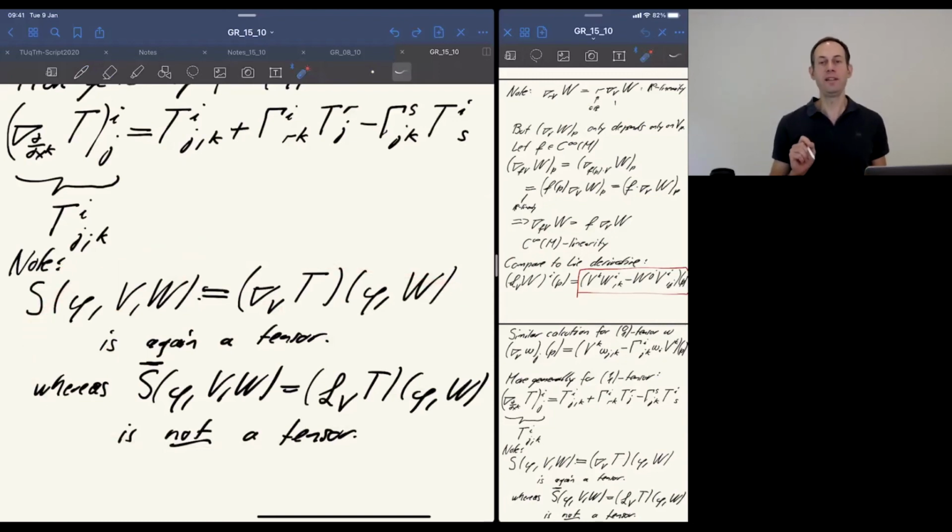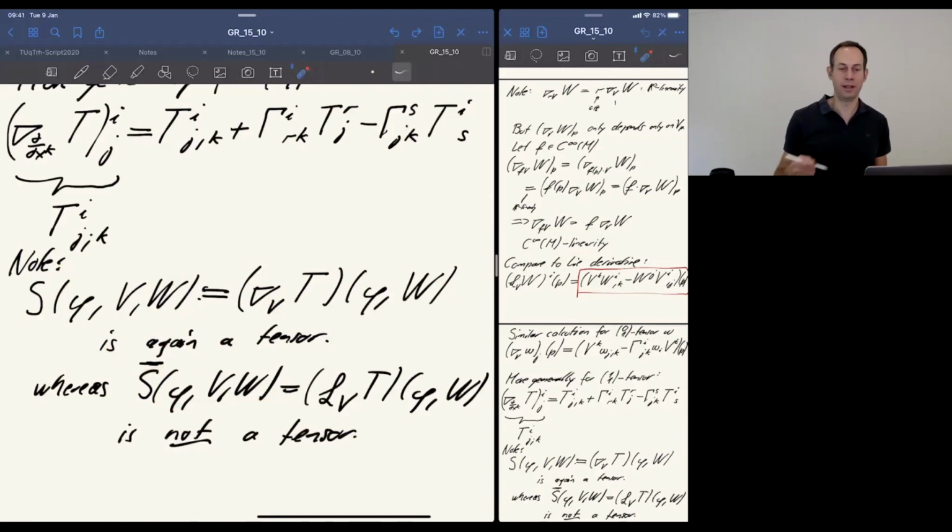In the definition of a tensor, which I just mentioned as a definition to be accepted, but now you see the relevance, a tensor has to be C infinity linear in each of its arguments. So the reason why this is not a tensor is simply because this object is not C infinity linear in V, but only R linear in V.